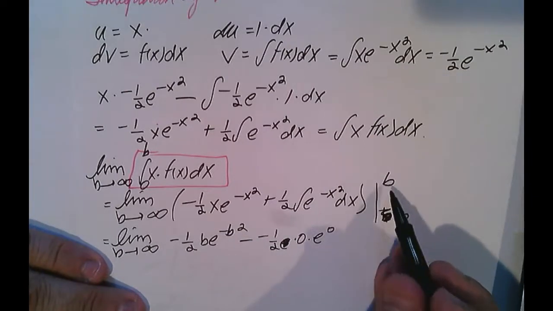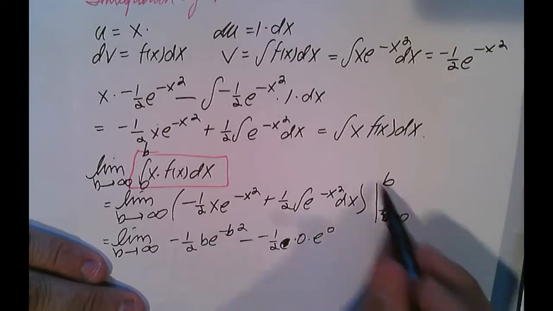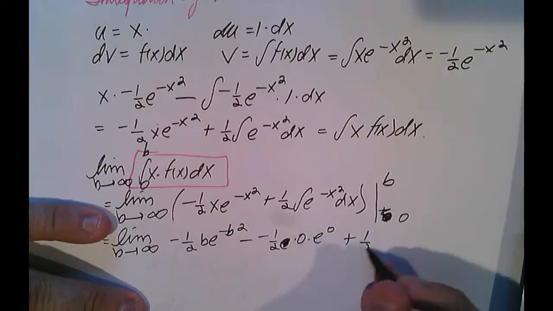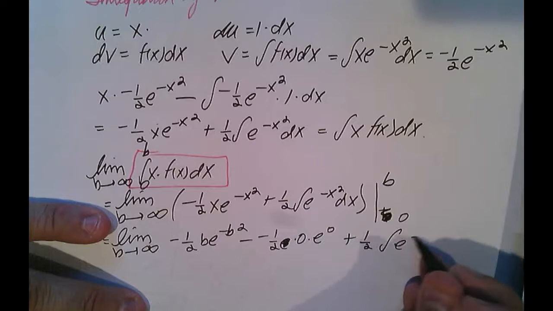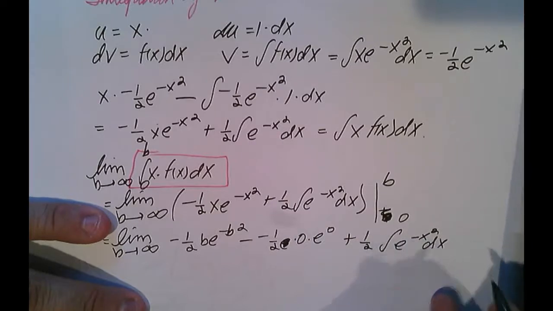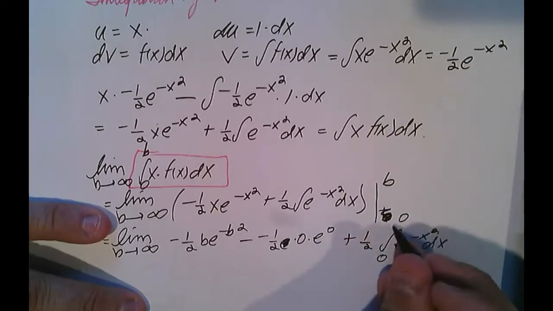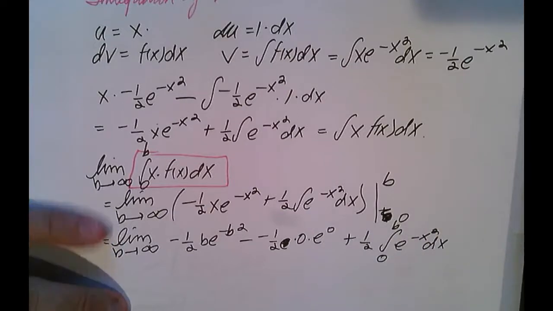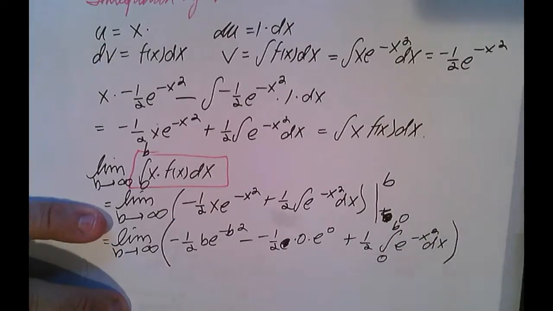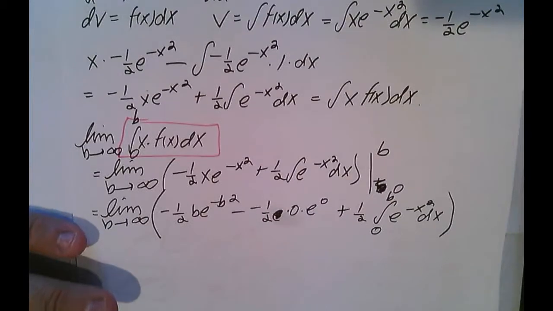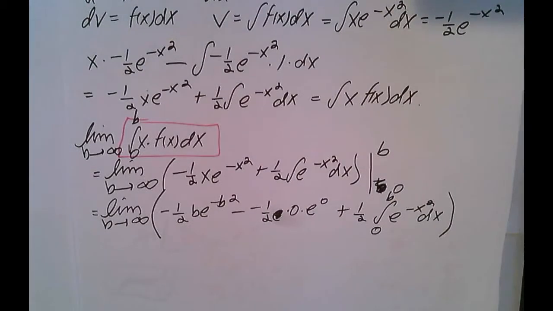What I'm doing is evaluating this first part from b to 0, plus 1/2 my integral of e to the negative x squared with respect to x from 0 to b. You're taking the limit as b approaches infinity of this whole expression.